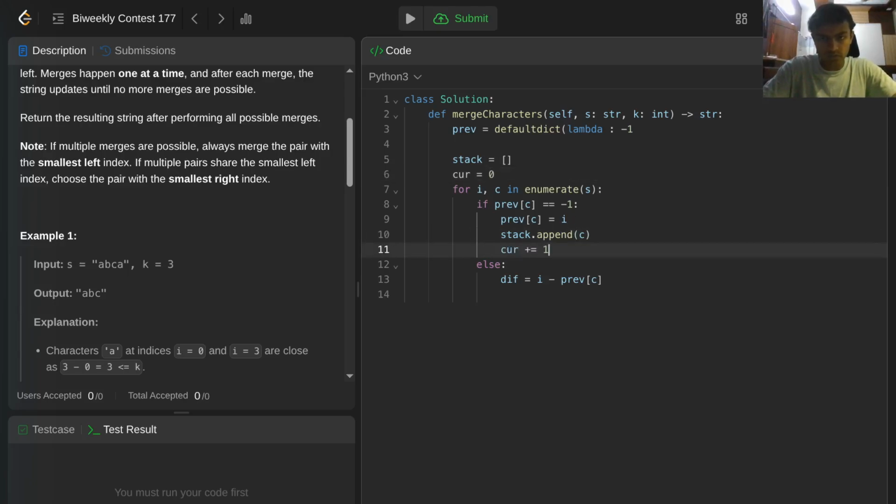Current is equal to 1. Previous of c is equal to current. Current plus equal to 1. So if diff is greater than k, then stack append c, previous of c is equal to current, current plus equal to 1. Okay. And we return the string in the end, right?